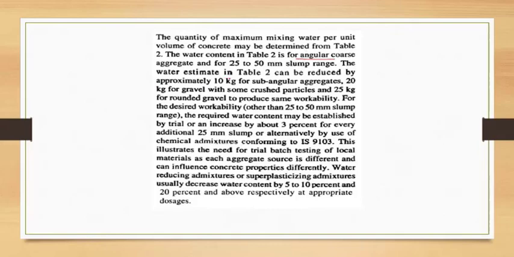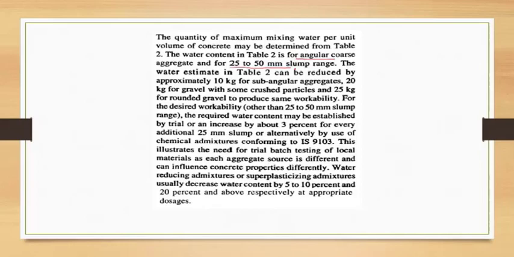Also, the next adjustment is for the slump. If the slump value is in the 25 to 50 mm range, then we do not have to make any adjustment, but if it is more than that, we do have to make the adjustment. And lastly, we have the adjustment for the admixtures. Now in which order do we make the adjustments? In the same order that is mentioned in the IS code: first for the shape of aggregate, then for the slump, and finally for the admixture.